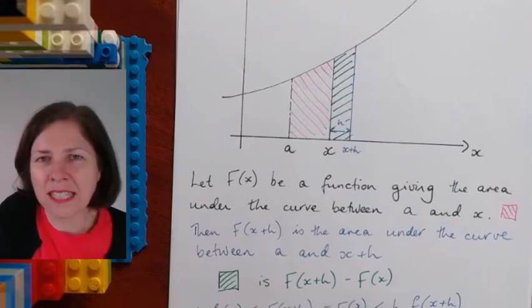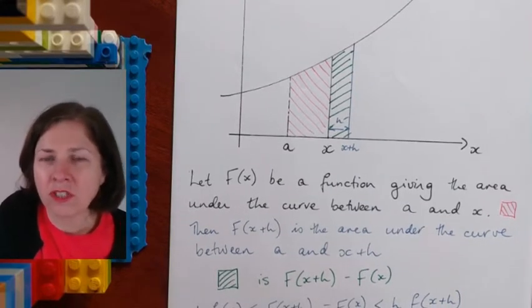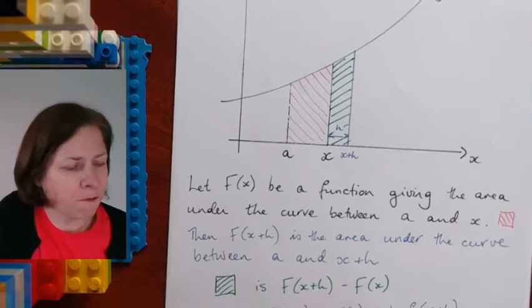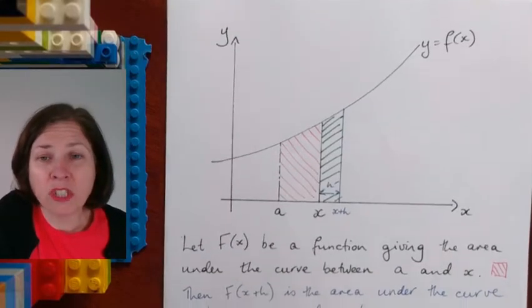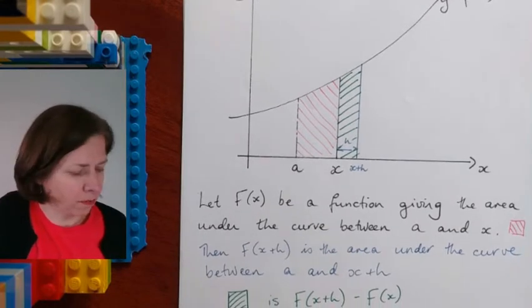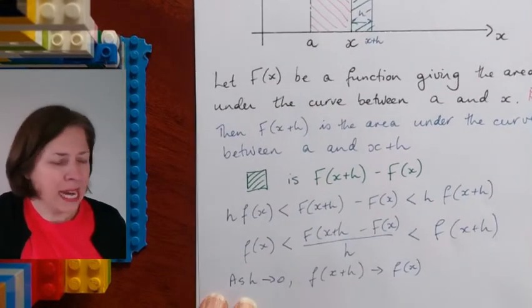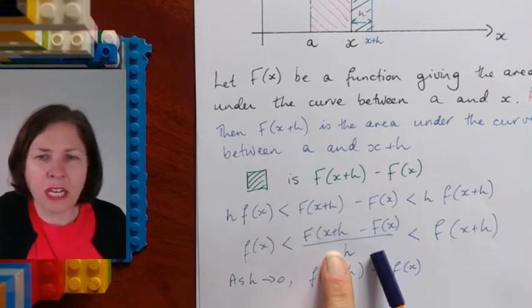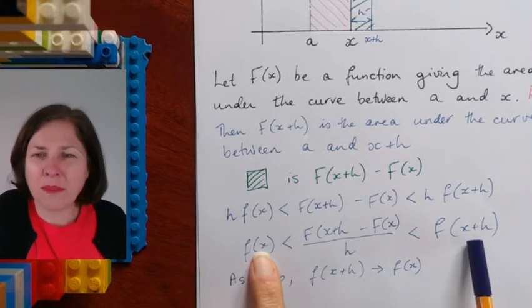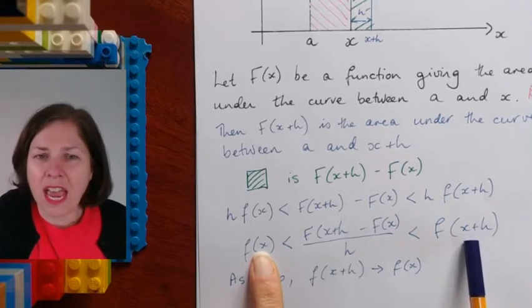Not exactly the same. h is not 0. So f of x plus h in a function with a positive slope will still be slightly taller than f of x, but not by a lot. So what that means is that this guy in the middle is going to get squeezed in between f of x and something that approaches f of x.